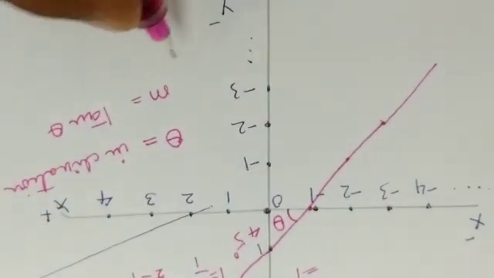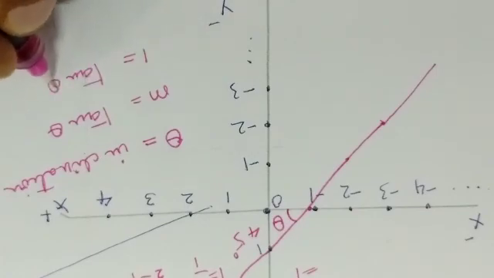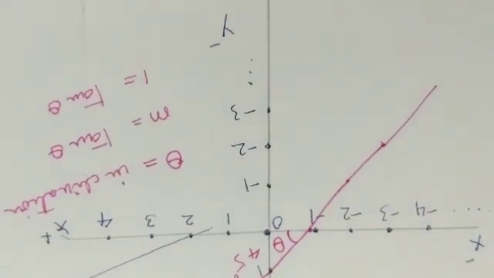So 1 equal to tan theta. In trigonometry, you know for what value of theta you will get the answer 1. Theta equal to 45 degrees, because tan 45 is 1. So this way we can find the slope of a line.